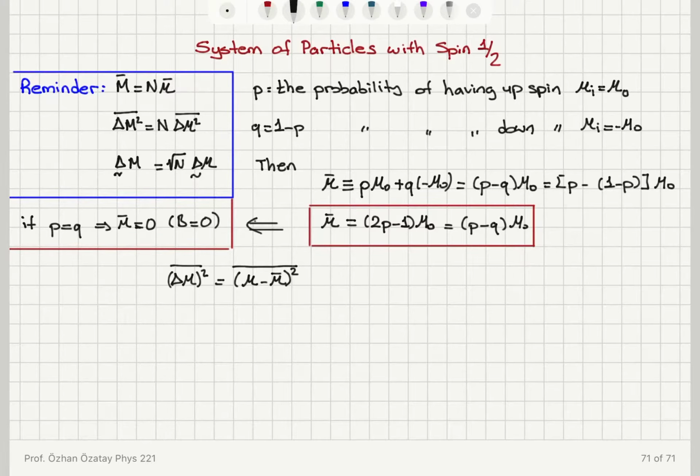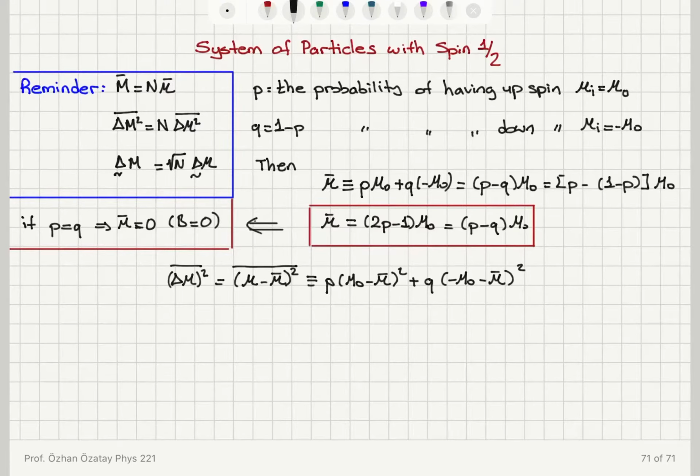So this is going to be equal to, by definition, the probability of having an up moment, P, times (mu 0 minus mu bar) squared, and then the probability of having a down moment, Q, times (minus mu 0 minus mu bar) squared.